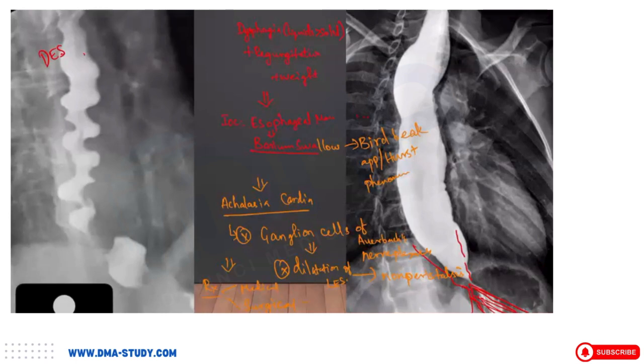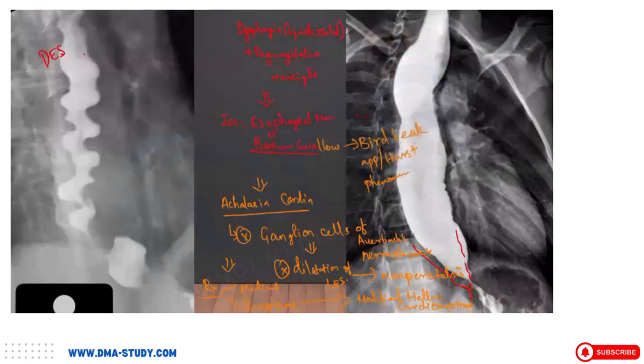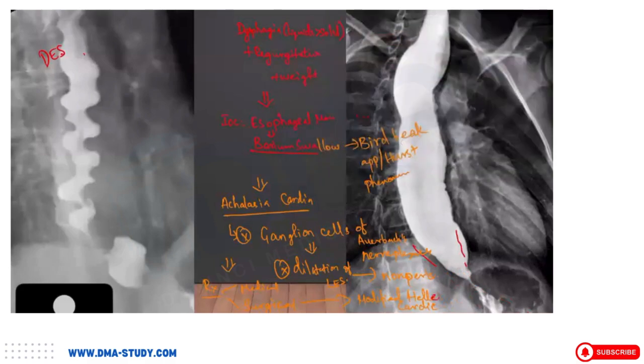And for surgery, you may do the modified Heller's cardiomyotomy, with a Toupet or Dor fundoplication.